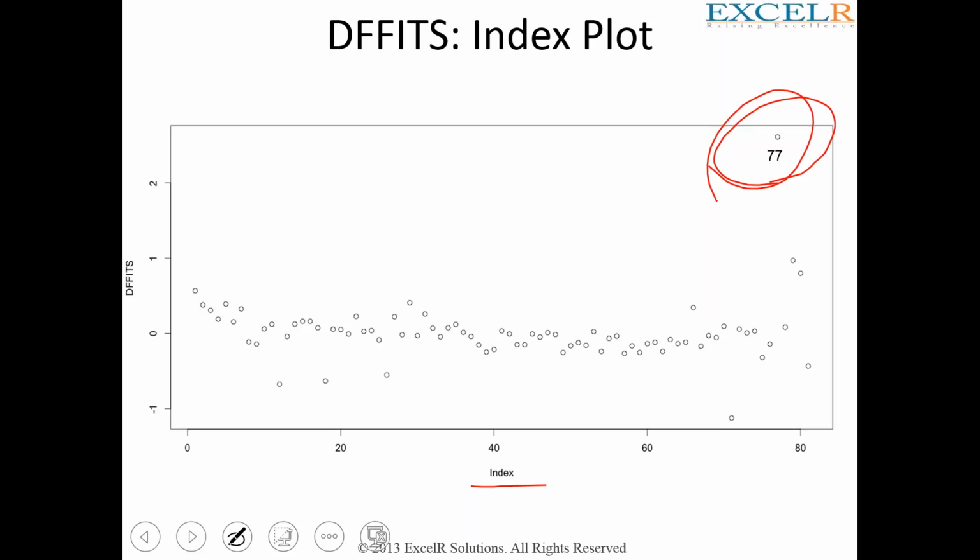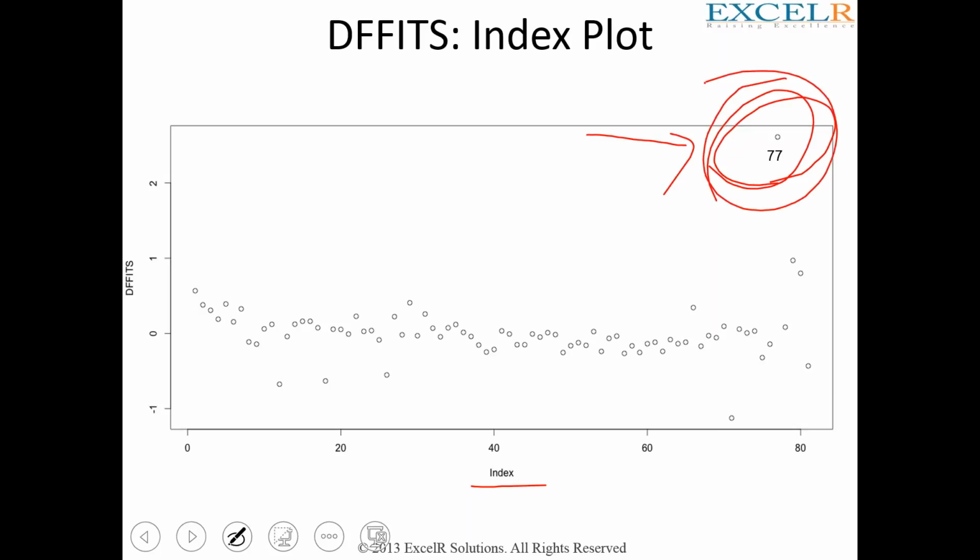Your entire prediction model is influenced by one value. We don't want that. We want our model and our prediction to be generic. We want our prediction model to predict for all the values equally well. We don't want our equation to be biased just because of one data point.